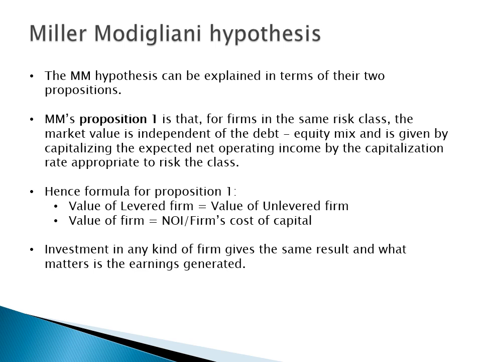So the investment in any kind of firm therefore gives the same result, and what matters is the earnings generated with the assets. So they said two companies with the same levels of assets generate the same level of income, and therefore it doesn't matter how they funded that business, it is purely determined by the income generated by the specific level of assets.